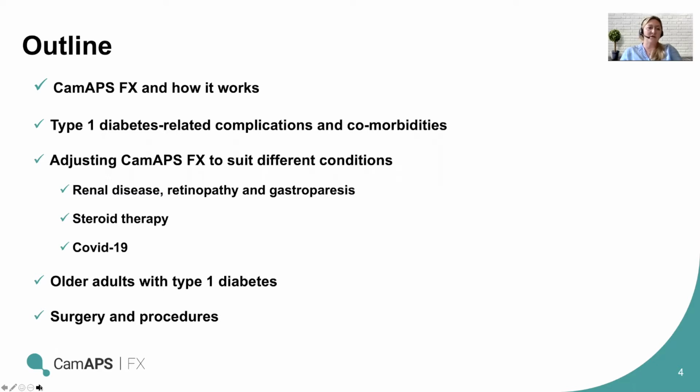So we're going to focus on renal disease, retinopathy, gastroparesis, steroid therapy, touch on COVID-19, and also just touch on using the system with older adults with type 1, and also, because we've had lots of questions, the use of the system during surgery and minor procedures as well.